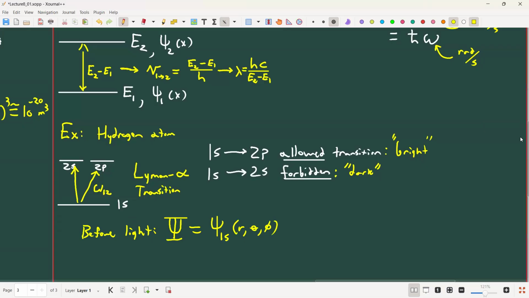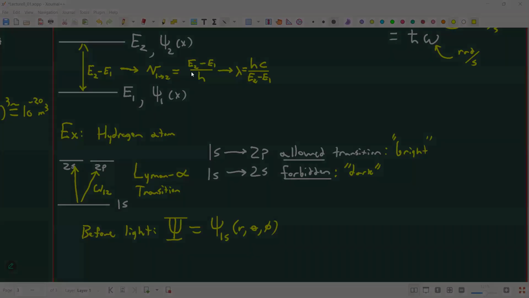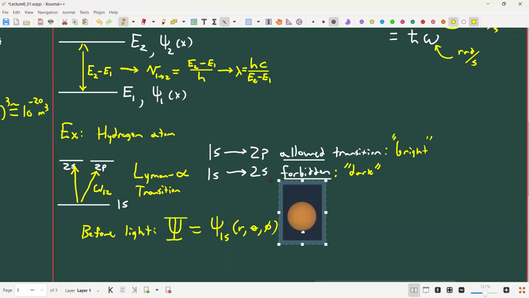Let me give you a picture of it. I think it's nice to look at the pictures of these. And I'm just going to steal it from Google. All right, so for the 1s orbital, the psi squared of it is just a sphere. We'll prove that later on in class.